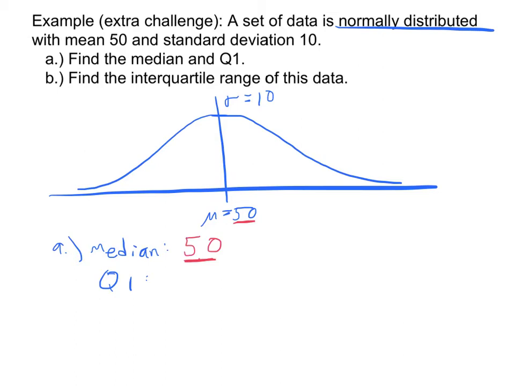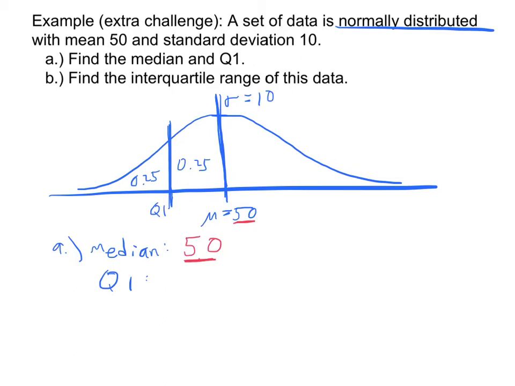Q1 is supposed to be the value that's sort of the median of the medians. In other words, Q1 is the value right here where 25% is below that, and 25% is between Q1 and the median.